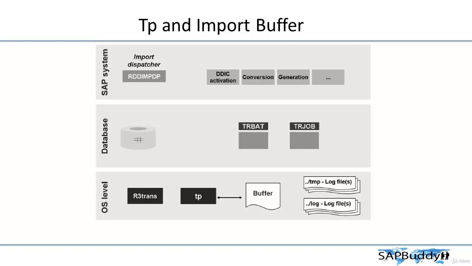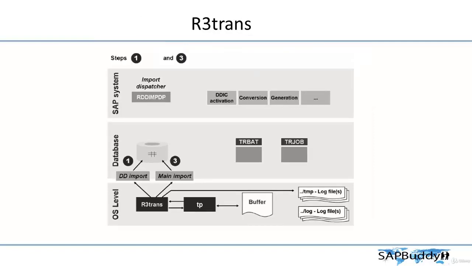At the OS level, we also have, at the database level, two tables where you can find the details of the transport status. And here we can see how TP and R3 trans are going to work.